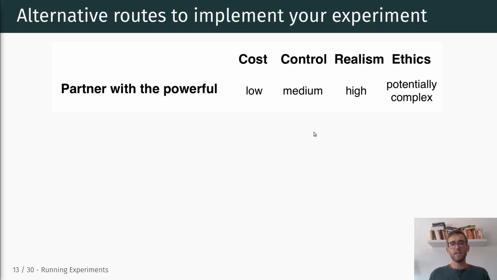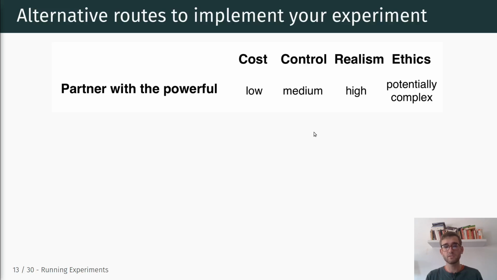So that's a great advantage, but at the same time, you give up some control with regard to what types of manipulations you can implement, what types of experiments you can run, and also what kinds of results you can ultimately publish, right?